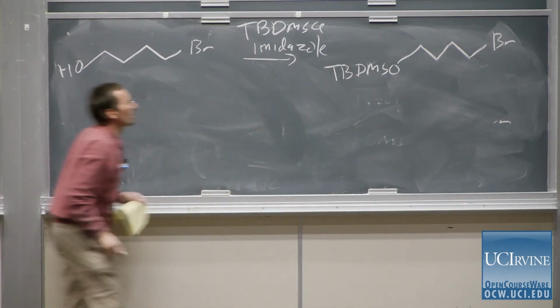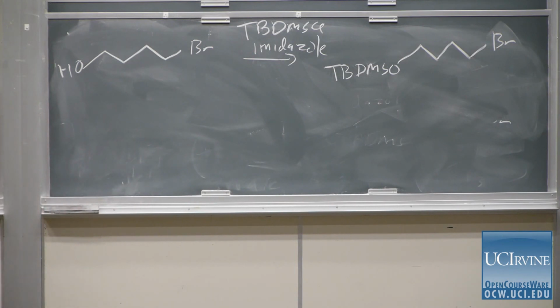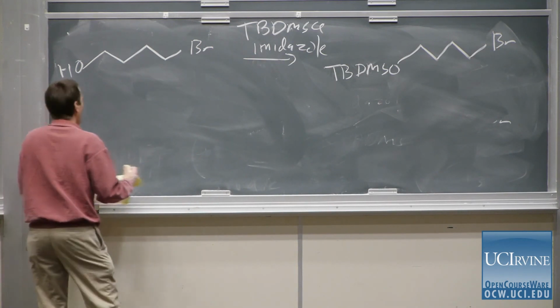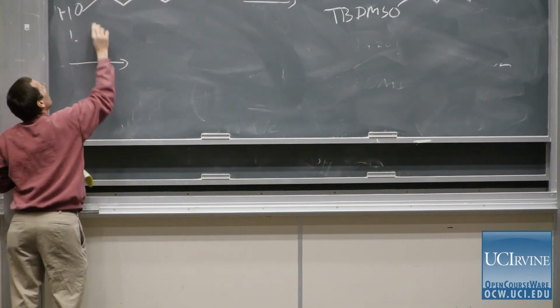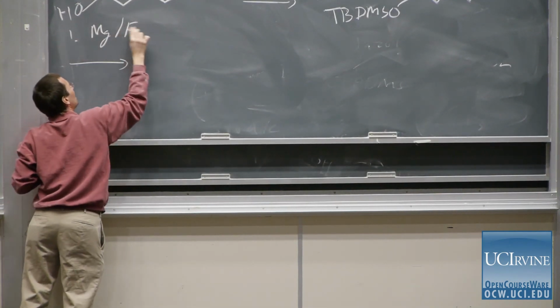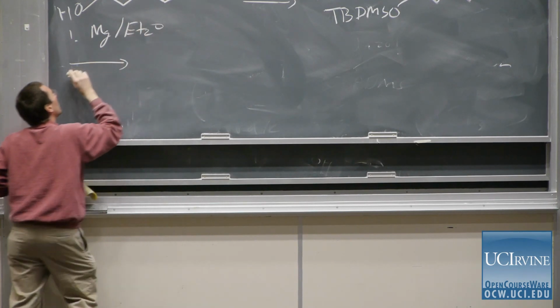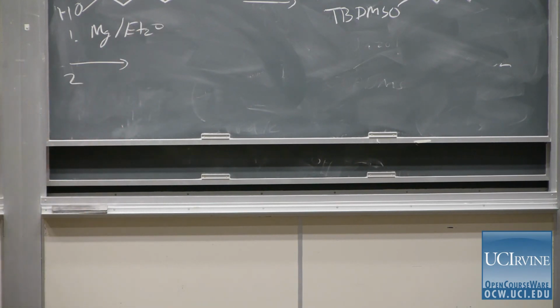We take our TBDMS ether, we treat it with magnesium in diethyl ether, and then we add to that Grignard reagent.